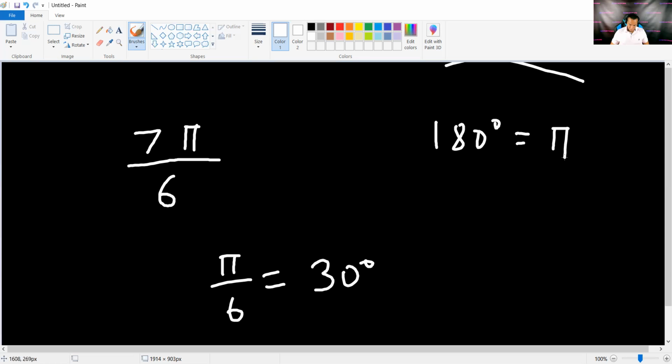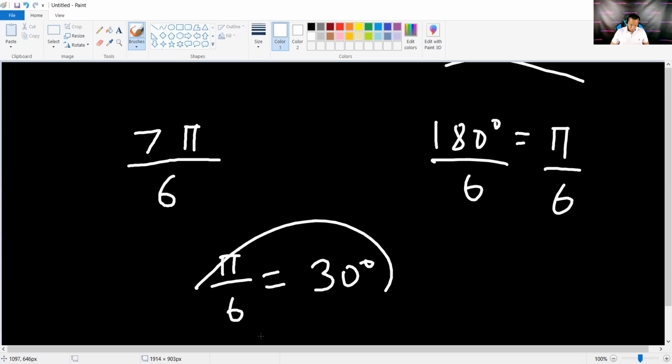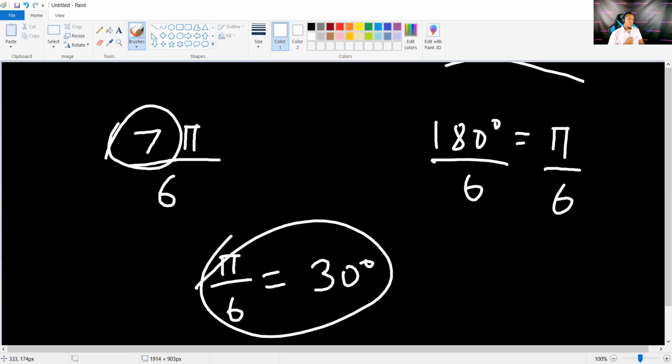When you divide by 6 on both sides, look at that, you get 30. And you have 7 of them. So 30 times 7 is 210. So I've given you 3 ways to convert. Pick whichever one is the easiest for you, and I think you'll do just fine.